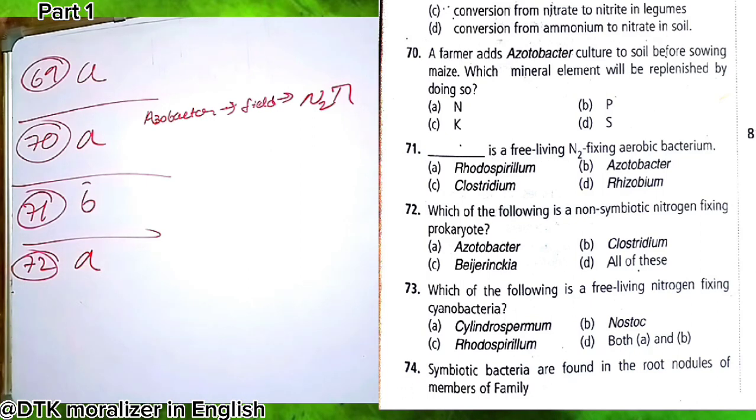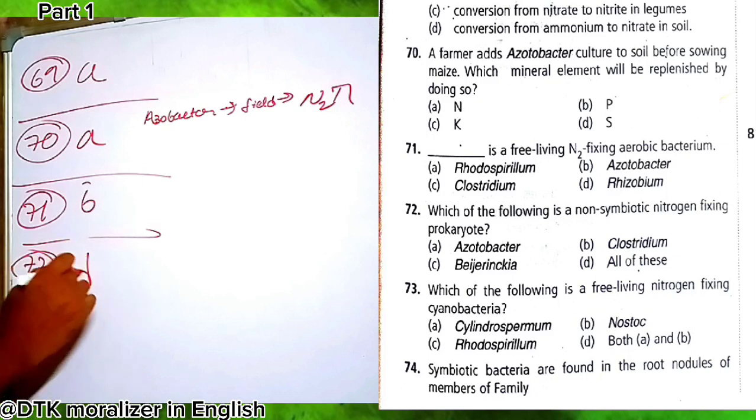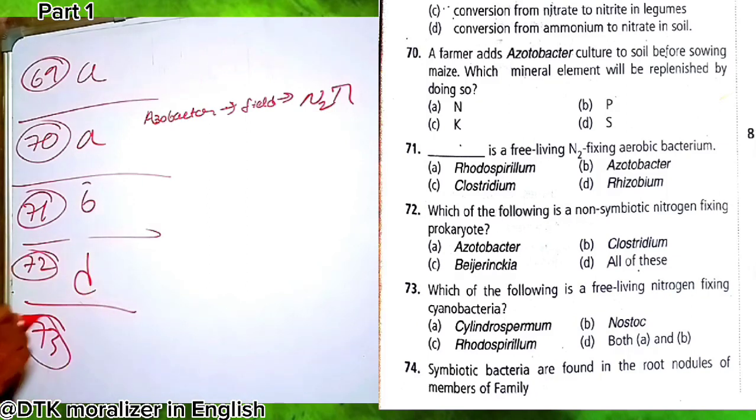These are free living bacteria, so not option A. Here, as you can see, Rhodospirillum, Azotobacter, Clostridium, Bacillus: all of these are N2 fixers which are free living. Clostridium is anaerobic, Azotobacter and Bacillus are aerobic. So option D.